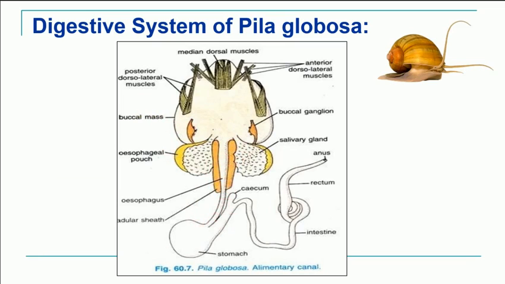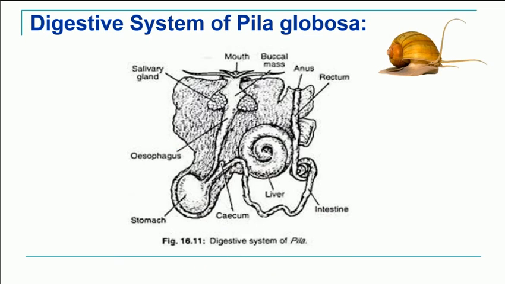Then you have the stomach followed by the intestine and then the rectum. The anus is not well defined, so it is like a subpart of the rectum. This is another view of the digestive system of Pila, where along with these parts you can also see the associated glands like the salivary gland and the hepatopancreas, also referred to as the liver.